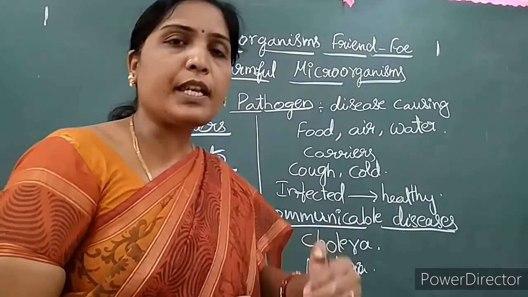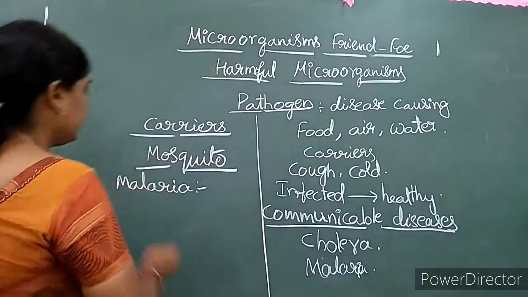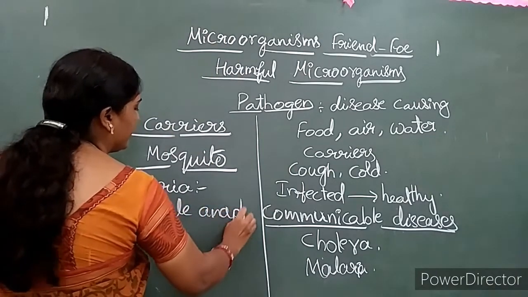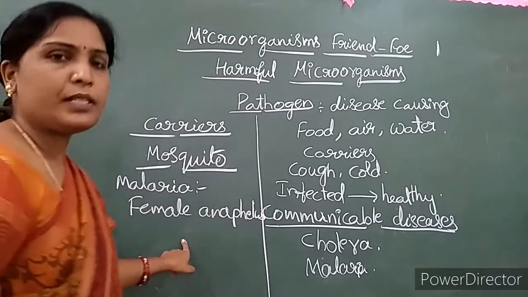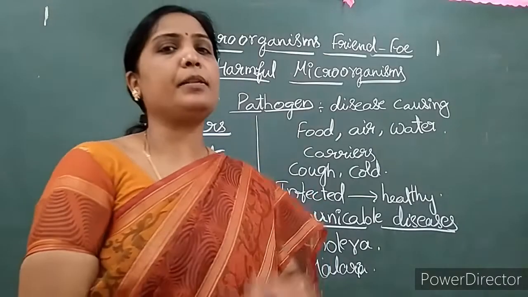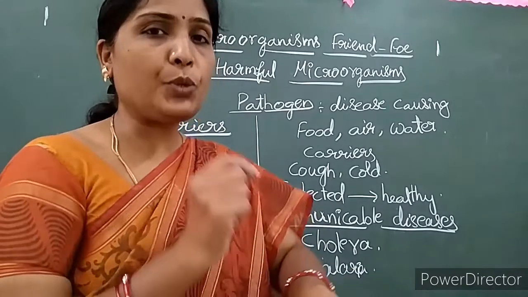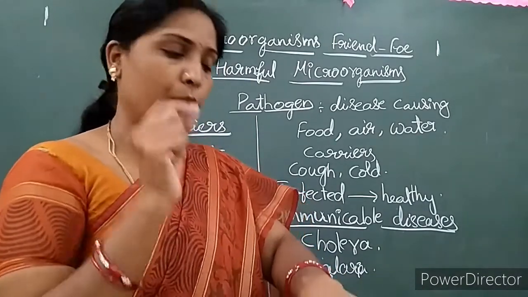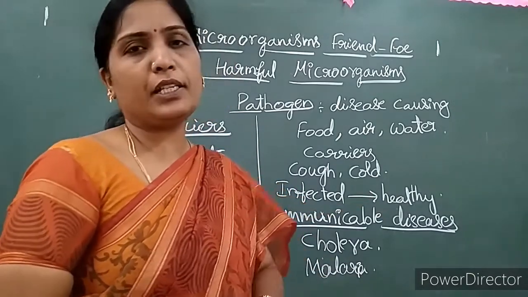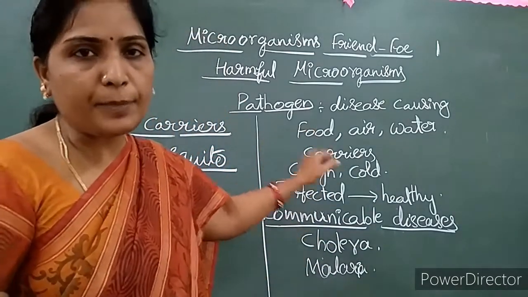That microbe is carried especially by the female Anopheles mosquito. When it bites a person suffering with malaria, it takes that microbe, and when it bites a healthy person, that microbe enters the healthy person's body, so this healthy person also gets the malaria disease. In this way, communicable diseases are spreading, children.